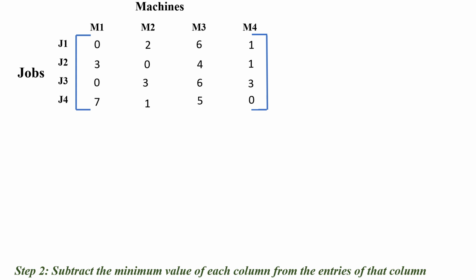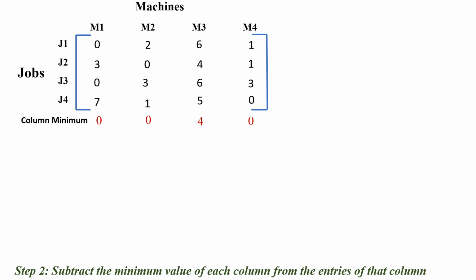Next we will go for the column reduction by subtracting the minimum value of each column from the entries of that column. In the first column, the minimum value is 0. In the second column, the minimum value is 0. In the third column, the minimum value is 4.